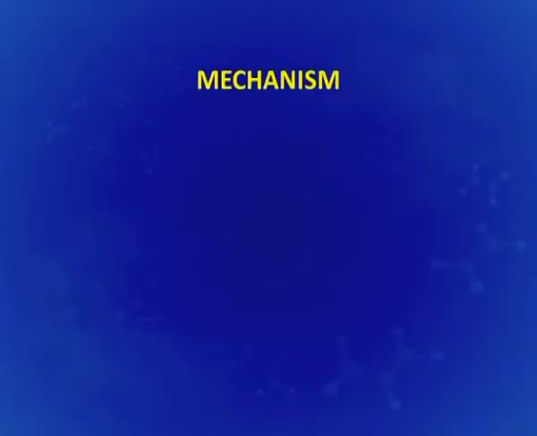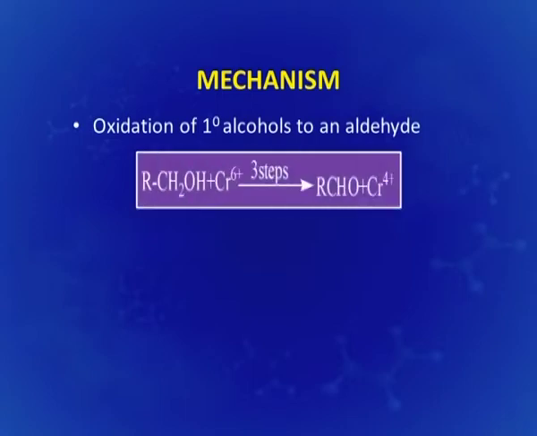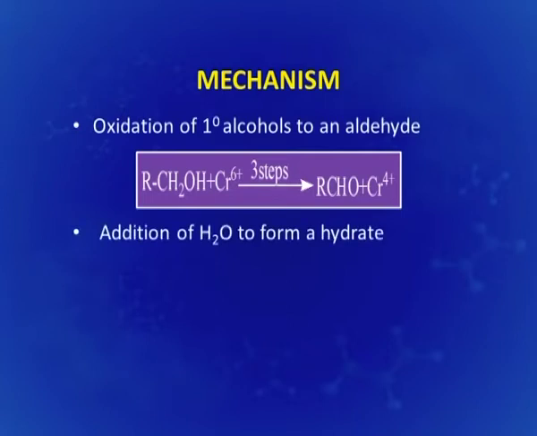And this is the mechanism of the oxidation of primary alcohols to aldehydes, whatever we have seen in the previous slides, those 3 steps give rise to the aldehyde. And further oxidation is the addition of water to form a hydrate.